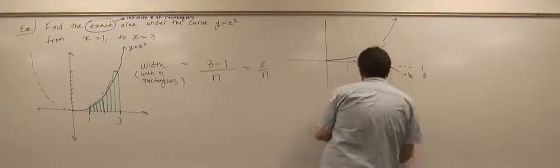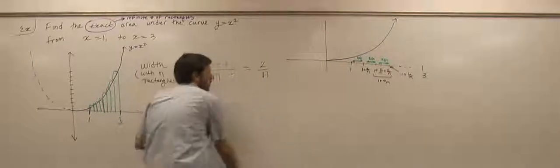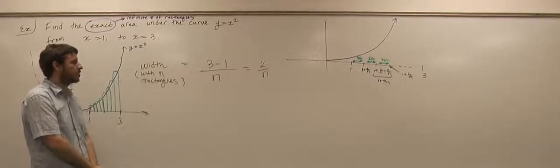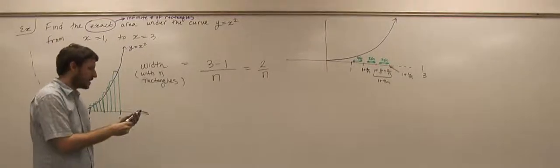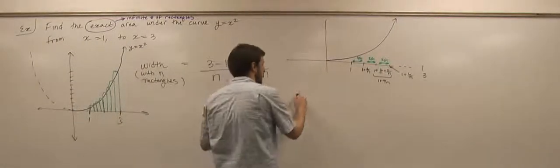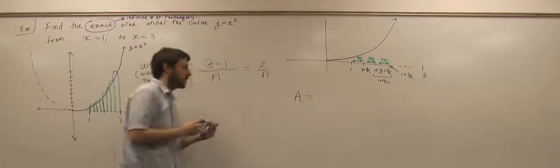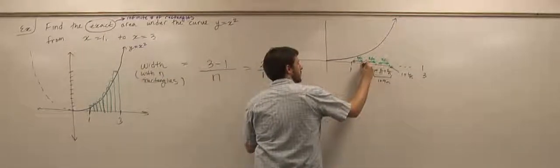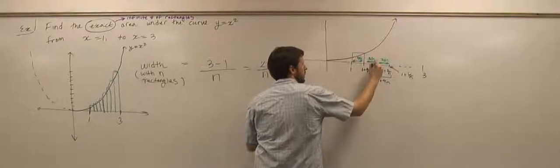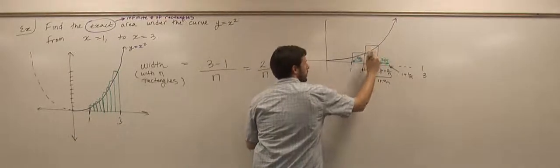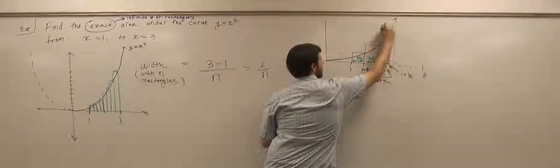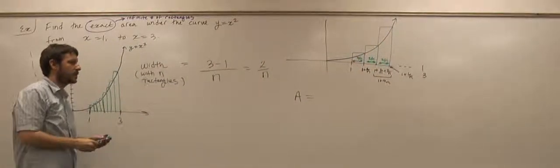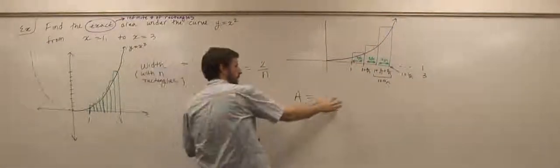I'll start this and finish it up. But let me get an expression for the area written, and then I'll show you how to evaluate it next time. So if I want to get the area by doing upper sums like this, and keep going until I get to 3, what am I going to write here?